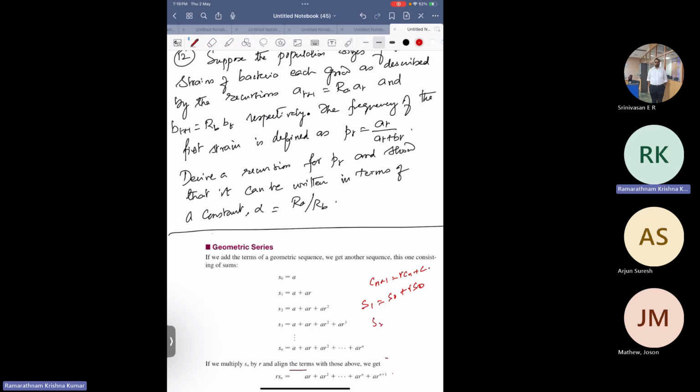I shall write S2 is equal to S1 plus R into A. That's, sorry, R into S1 plus A. That's how I should write, to get this form. Clear? S3, I should write it as R into S2 plus A. Clear? That's how I should write. Is this clear?